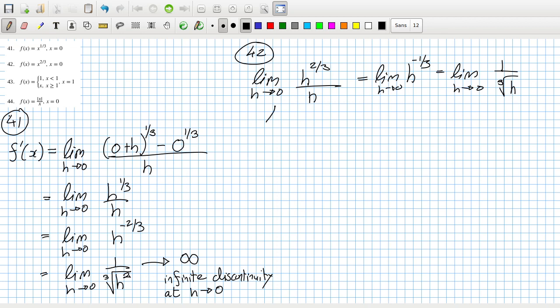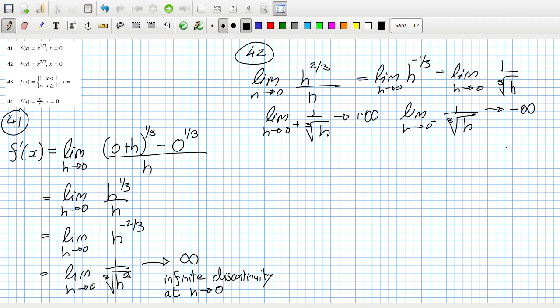And in this case, the limit as h tends to 0 from the right will tend to plus infinity, and the limit as h tends to 0 from the left will tend to minus infinity.